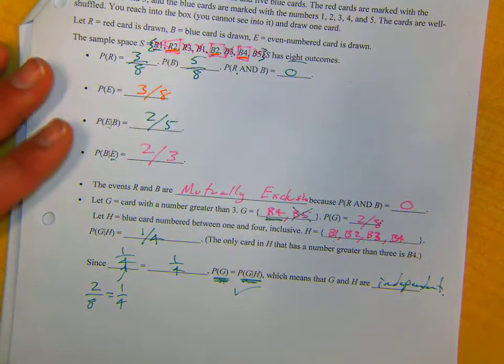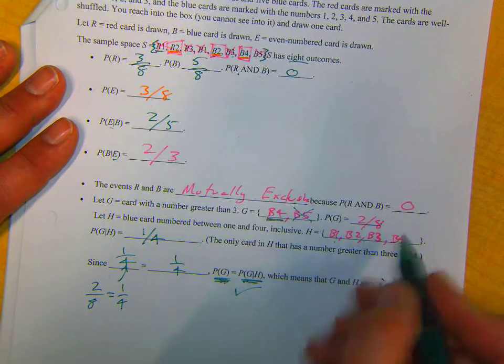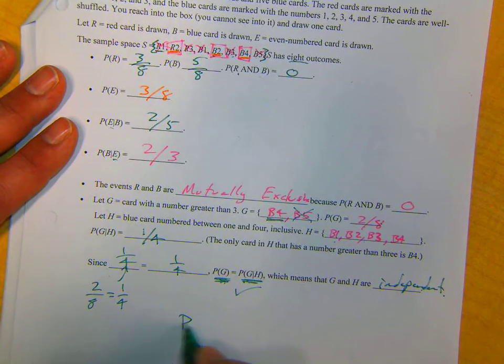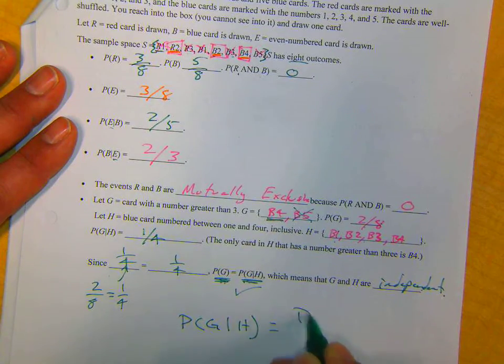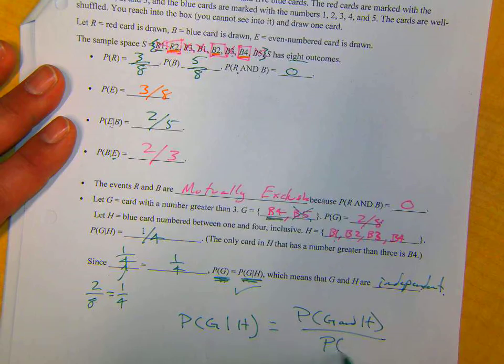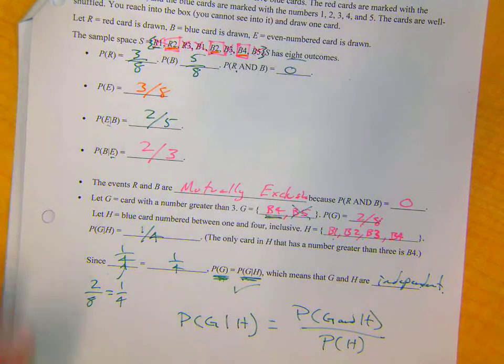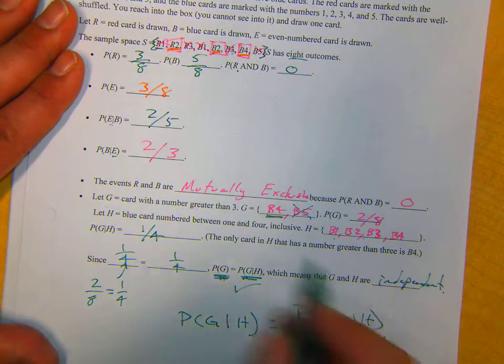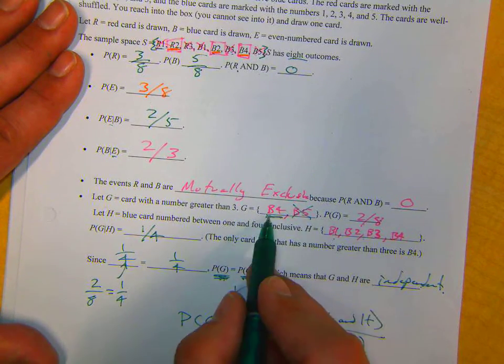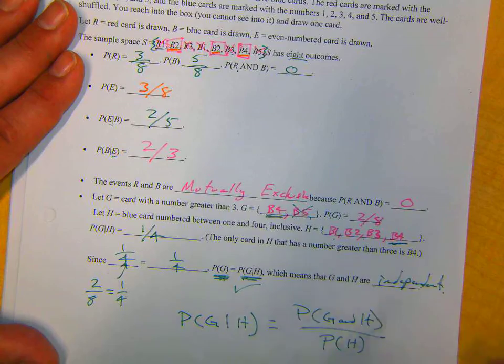All right, going through what Ro was asking. Ro said, let's try and do this the other way instead of Andre's way. So P of G given H. I want to calculate this. I'm going to use P of G and H over P of H. So calculating P of G and H. The only thing in common between G and H is B4.